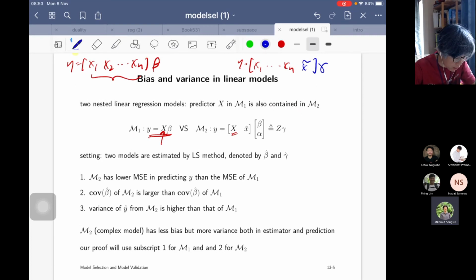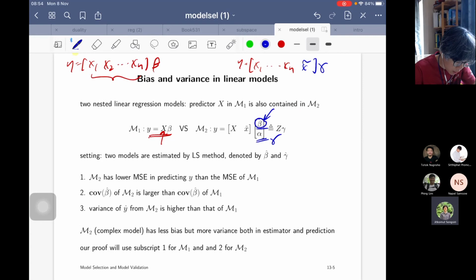These models are nested because if you partition the coefficients of model 2 into beta and alpha, and this is called gamma.